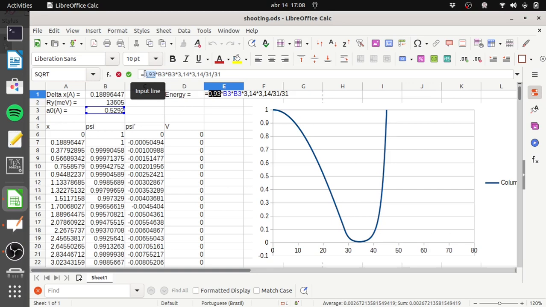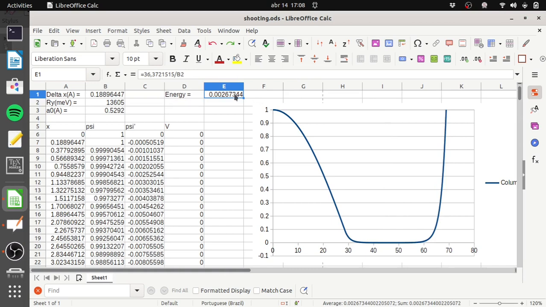So I'm doing this just as a way to show you that the solution that I get is more or less expected for a quantum well like that, right? So the number is not wrong. Okay, so let's try to remember which number we used here before. Maybe I could do Ctrl-Z several times to see if I obtain that number again.